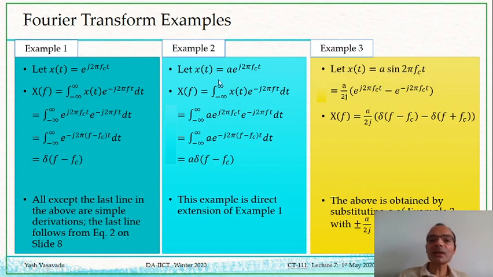And so now I just apply the observation that I got from example 2, and I right away conclude that the Fourier transform of this signal must be given by this expression. So what this expression tells me is that this sine has two frequency components, one at f of c, other at minus f of c. This one is at f of c, this is minus f of c, and they are getting weighted by this complex scalar.